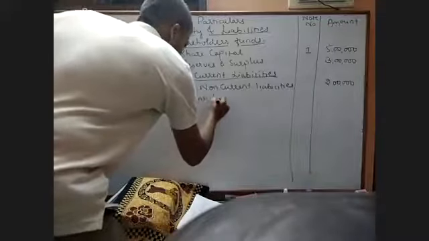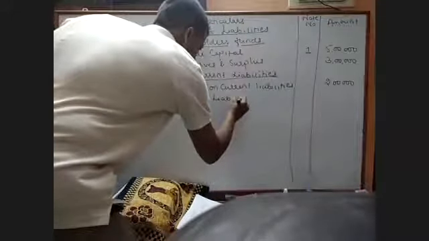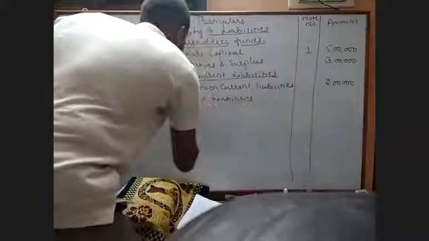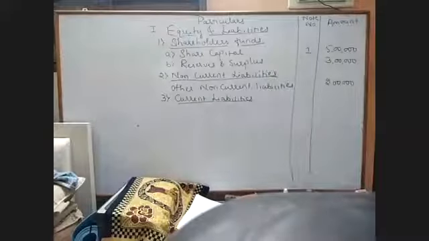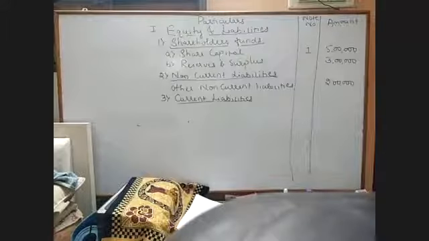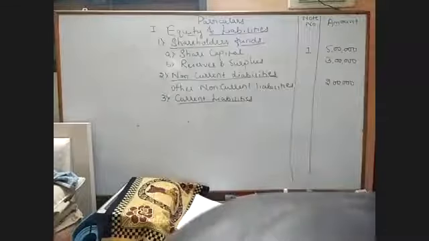Then number 3, current liabilities. Anyone tell me which item is listed under current liabilities? Any item we have marked as current liabilities? No. Okay, there are no items. At that time, in the current liabilities, we put a dash.